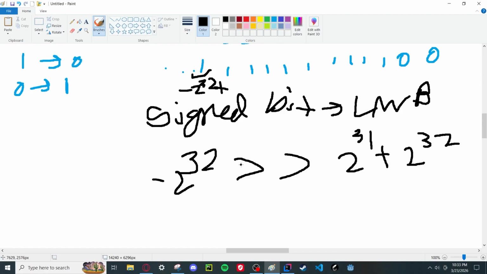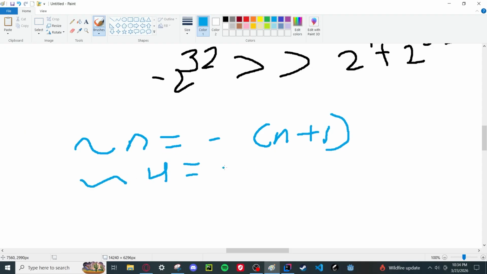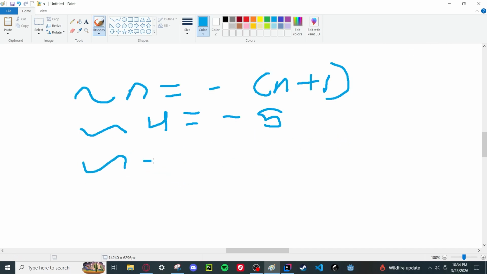So we're left with a small number, which coincidentally you can use a formula for. The solution you're left with, tilde of n, is equal to negative n plus 1. So if you're using tilde of 4 in this scenario, which is what we described, you'd be left with negative 5, negative 4 minus 1. If you're doing tilde of negative 4 or something, you'd be left with 3.